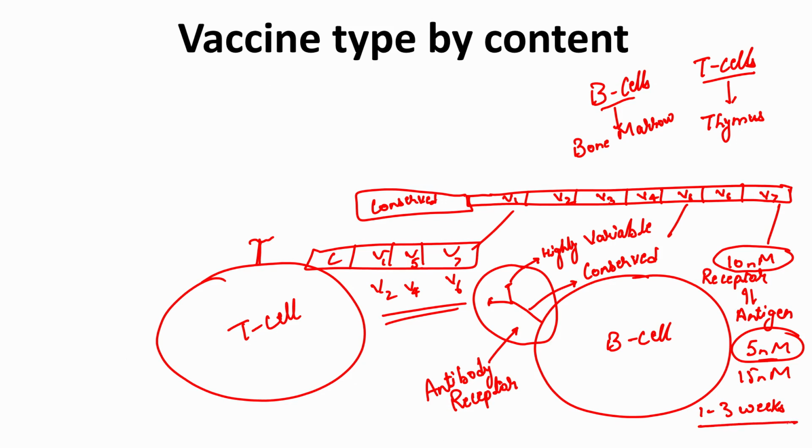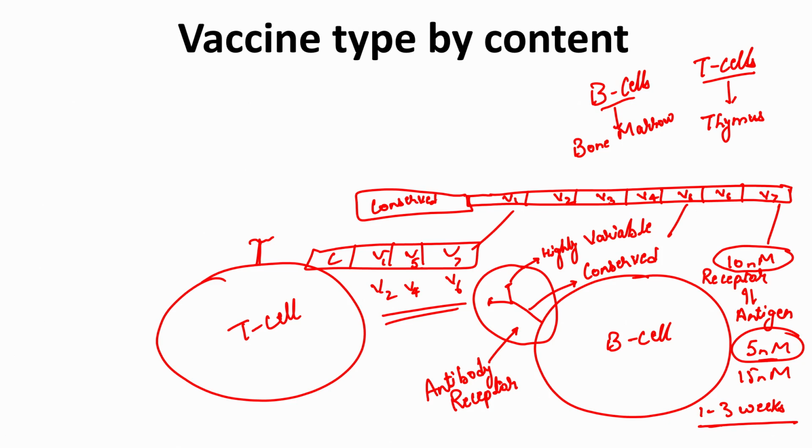So, they are not going to take 1 to 3 weeks, they will generate these numbers within a couple of days. And that is how you can prevent the disease from happening, because if you wait 1 to 3 weeks, then maybe the bacteria or the virus has enough time to expand the infection so much that the person can die. But if they only get 1 or 2 days, then our immune response is very effective in clearing them before any threat to the human being is faced.